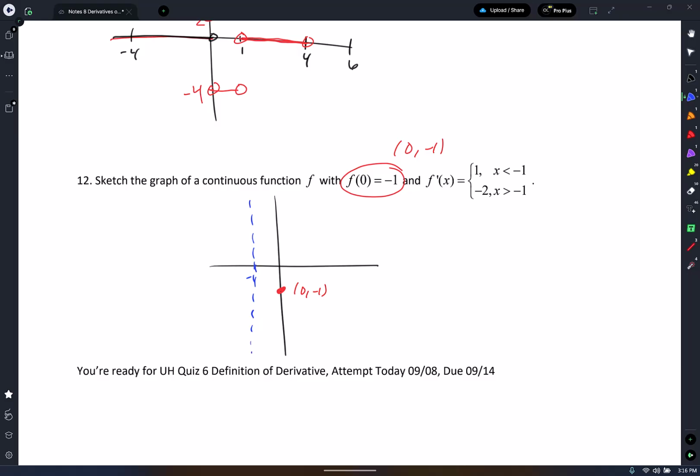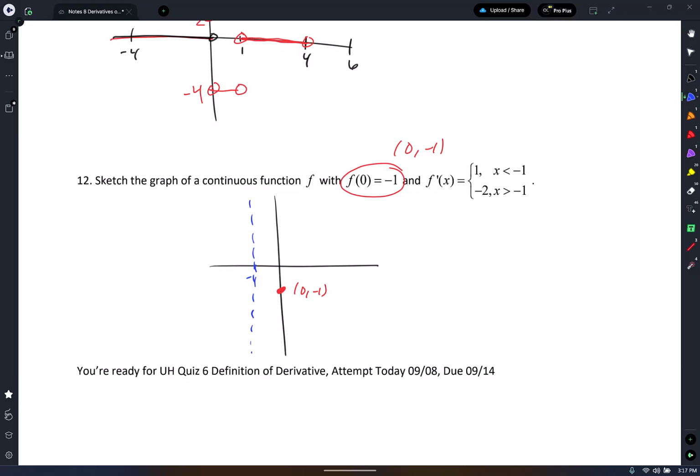Is this point to the right or to the left of this dashed line? To the right. So that means, look at this, this is a piecewise. That means I'm going to have a slope of negative 2. So at this point, I'm going to be going downhill. So make sure you go downhill from that dashed line all the way to the right. So I'm going to go up 2 to the left 1.